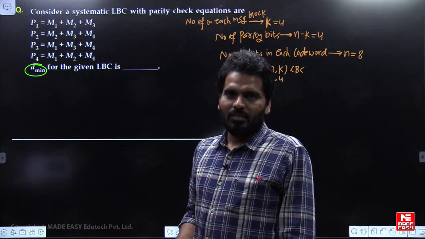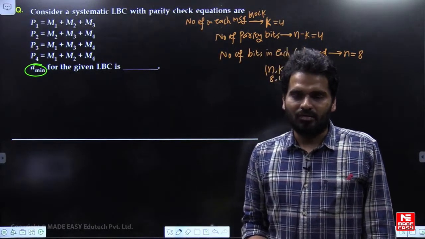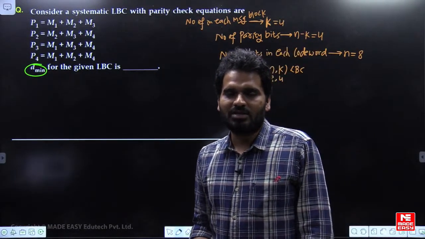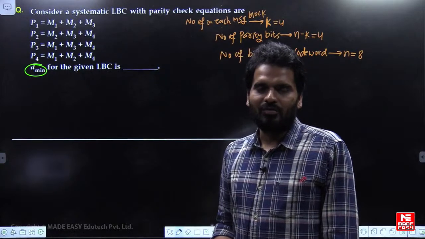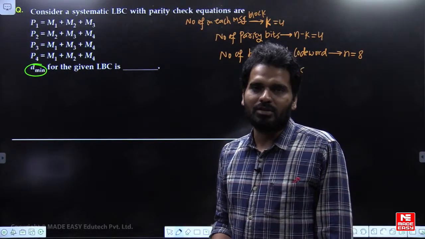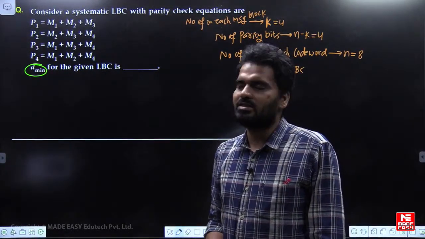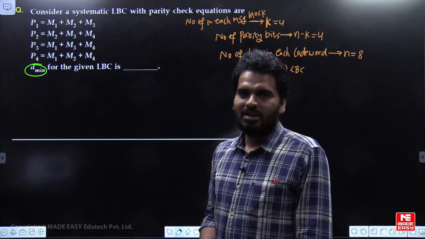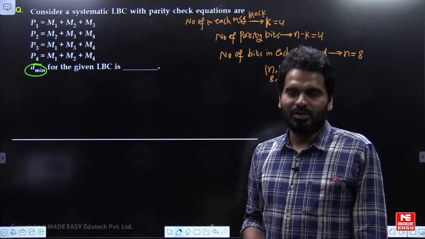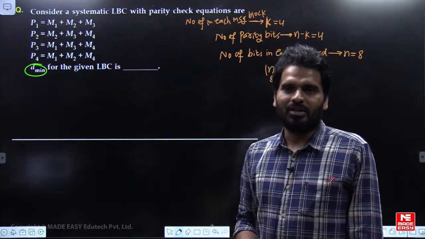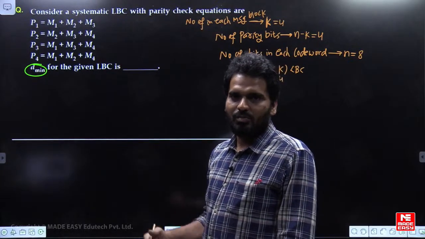So I give another procedure to find d min. What is that procedure? The smallest possible Hamming weight of a non-zero code word will be equal to d min. But this procedure also is going to be a time taking process, because first you have to get all possible code words.